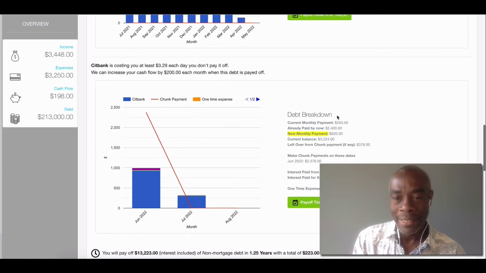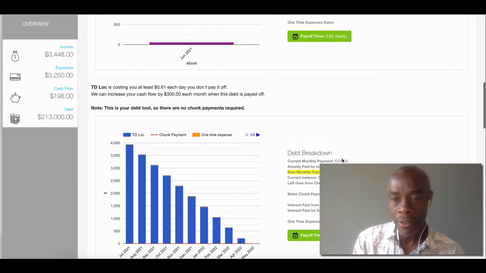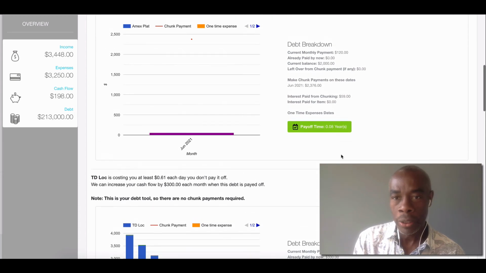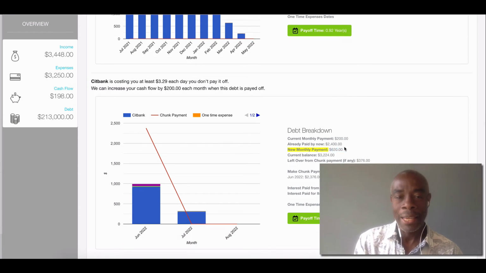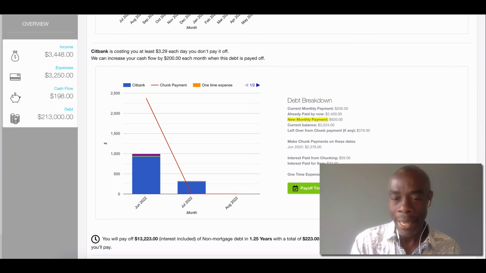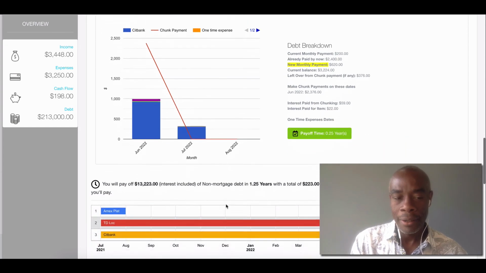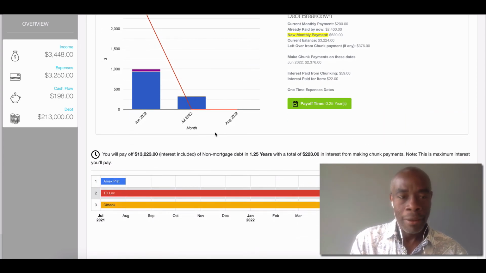So by the time you get to Citibank, you can now pay $620 a month, which is the $200 you're currently paying, plus the $300, plus the $120. Again, it's going to take you roughly 3 months, and then you're going to pay off this Citibank. And if you had more debts, it would do the exact same thing.